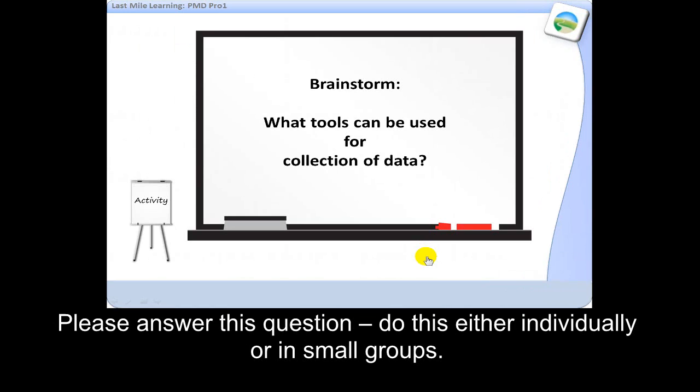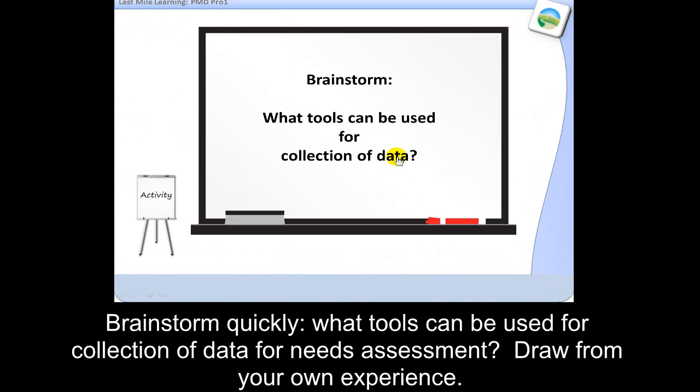Please answer this question as best you can. Brainstorm quickly. What tools can be used for collection of data for needs assessment? Draw from your own experience.